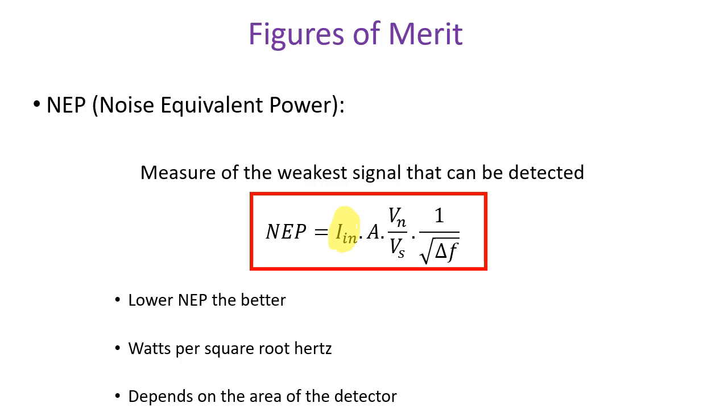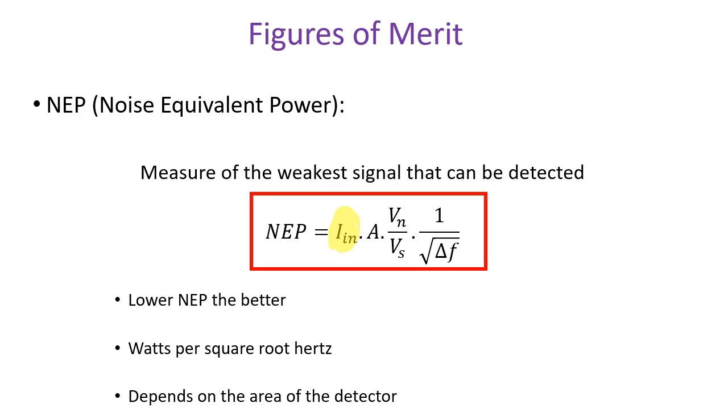Typically the reference bandwidth is 1 hertz, and you can clearly see that this noise equivalent power actually depends on the area of the detector, right? So that would mean that if I want a wide area detector or a small area detector, and I want to compare the material but not the area, obviously the larger area is going to detect more signal.